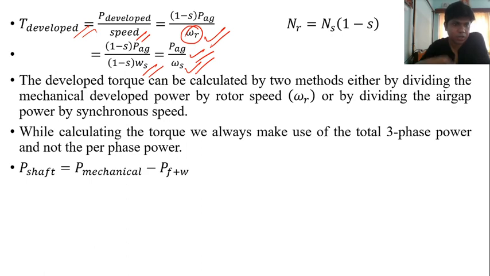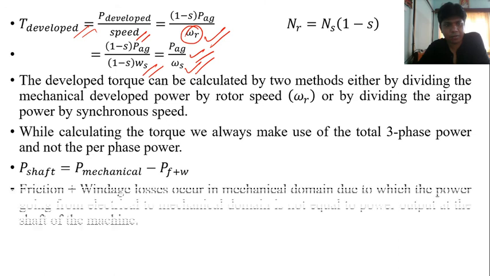Now the shaft power is different from the mechanical power. When friction and windage losses are subtracted from the mechanical power, it will give the value of the shaft power.